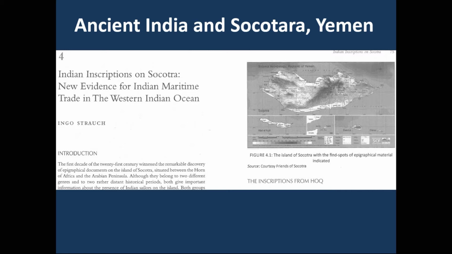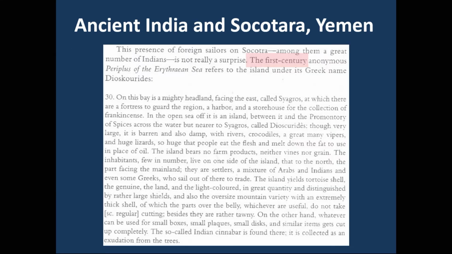conducted at this island. First of all, this island was well known to the Greek people as well in the 1st century AD. Here is a record that comes from the 1st century AD, and this record goes on to say that in this island there were settlers which were a mixture of Arabs and Indians and even some Greeks who used this island for sailing out and doing trade in other regions.